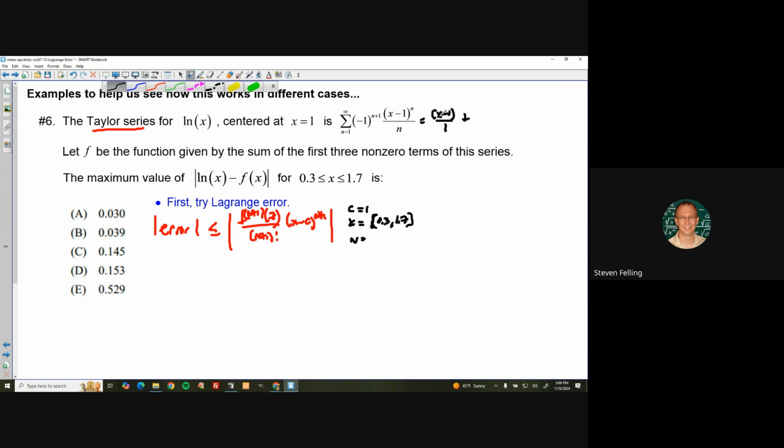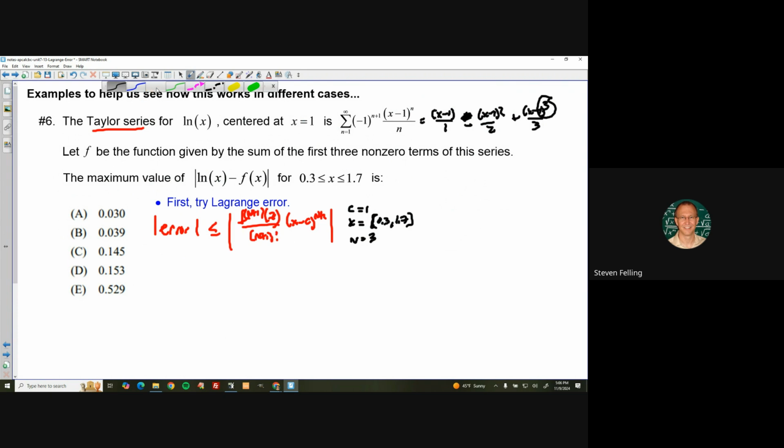That means the second term is going to be negative, so that's a negative x minus 1 squared over 2 plus x minus 1 cubed over 3. So this is a 3rd degree, so this will be an n equals 3 polynomial here.